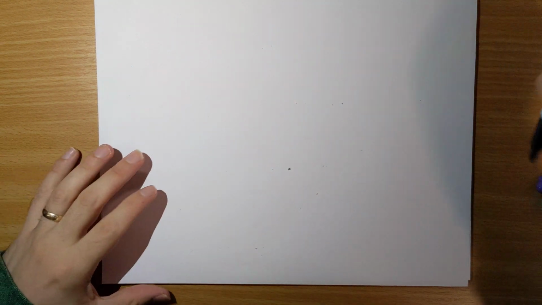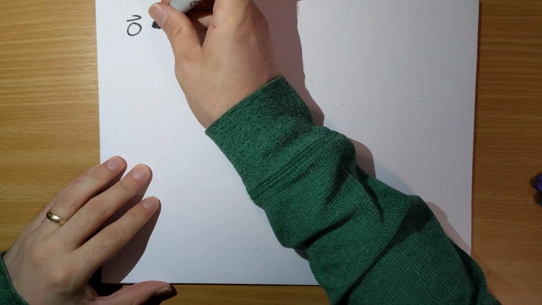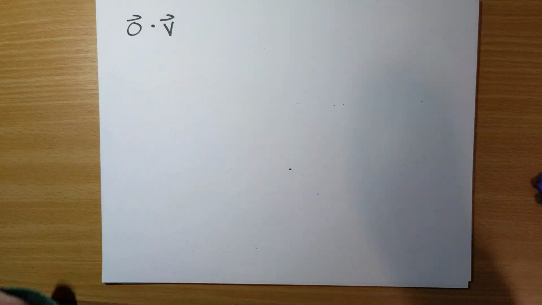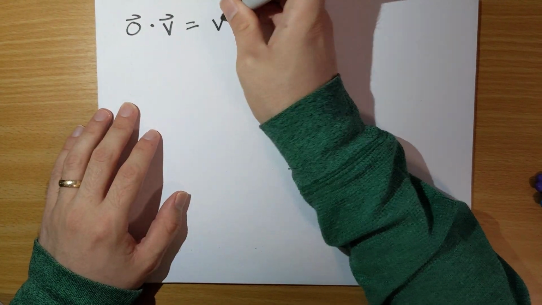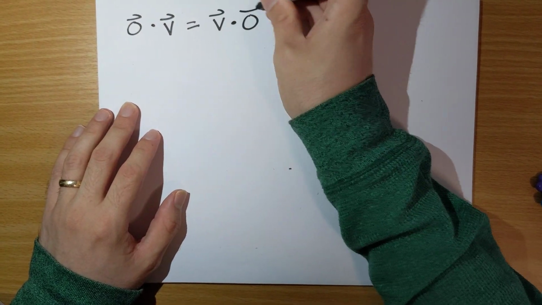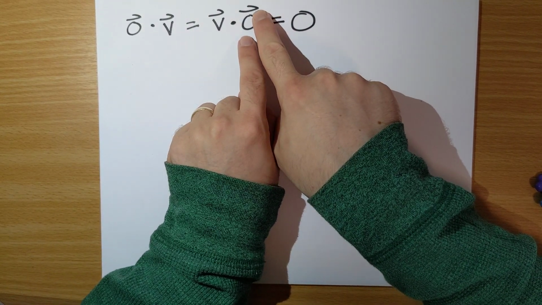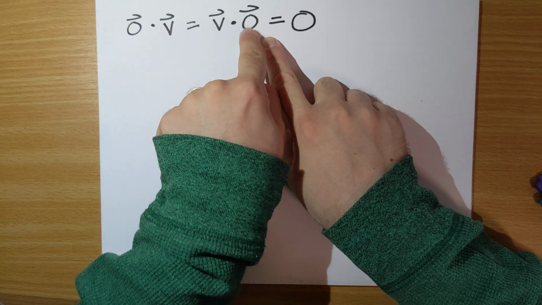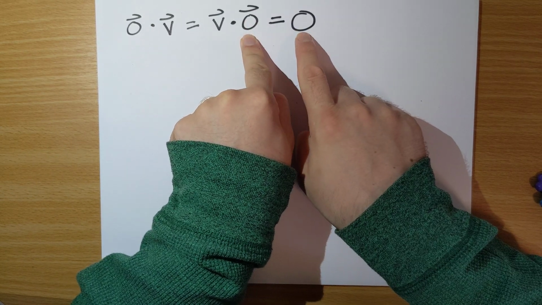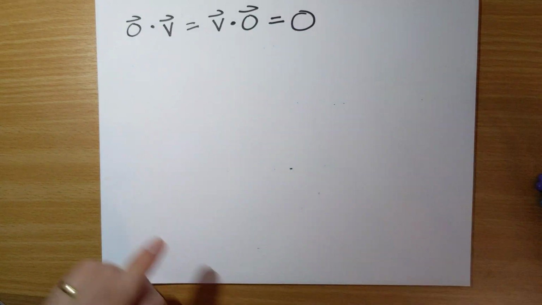A couple other rules to throw into this video. If you have the zero vector dot product with any vector, in either order since the dot product is commutative, it is 0. It's important to write the vector sign on the zero vector, because this is 0 the vector, and this is 0 the number, the scalar.